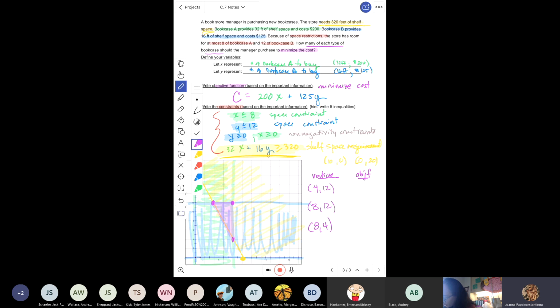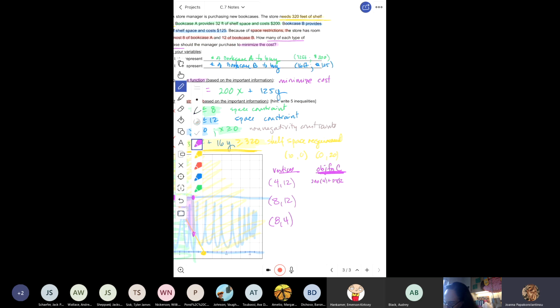Our objective function was C, and let's evaluate the objective function at each of those vertices. So that means 20 times 4 plus 125 times 12. What is that objective function going to yield?